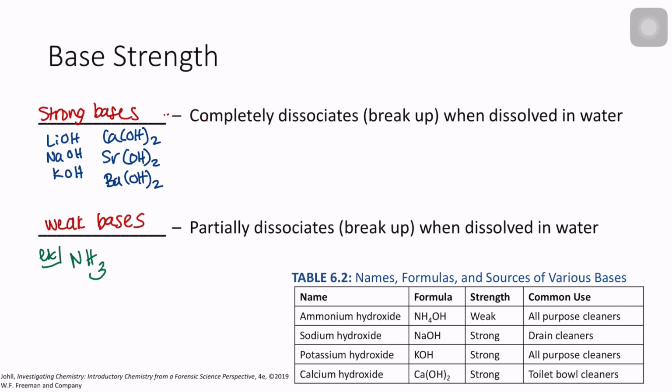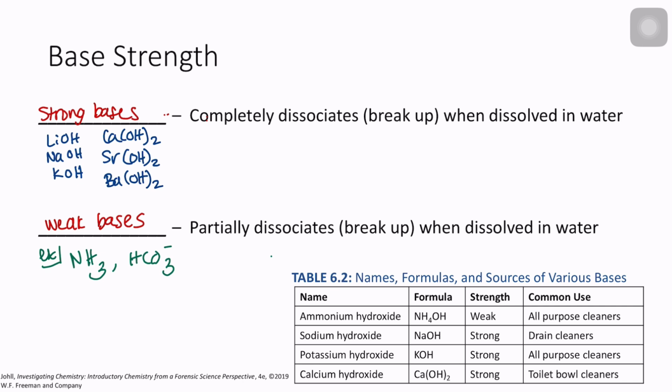Bicarbonate, you used that to neutralize the vinegar in your lab. So that is another example of a weak base. Just like with the strong acids, if you remember the strong bases, then you know all of the weak bases. Because if it's not a strong base, it's got to be a weak base.